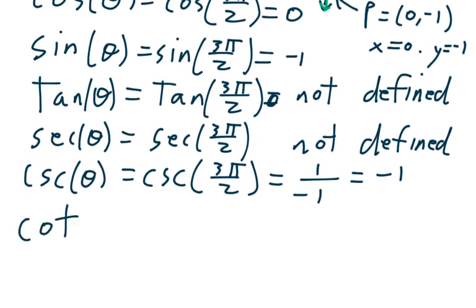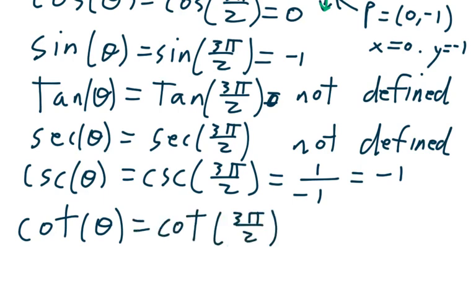And finally, cotangent of theta is cotangent of 3 pi over 2. That's x over y, so that's 0 over -1, which is 0. So that's what happens at 270 degrees, which is 3 pi over 2 radians.